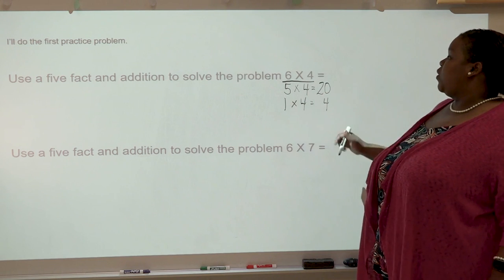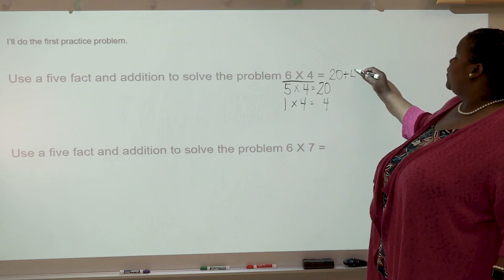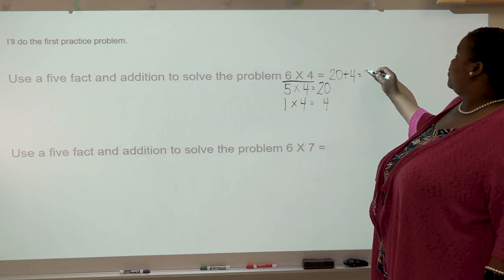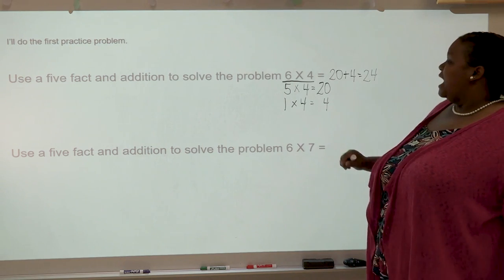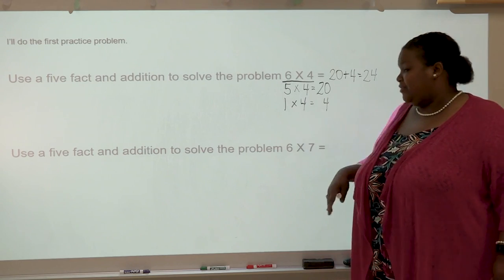So 6 times 4 is equal to 20 plus 4. 20 plus 4 equals 24. I use a 5 fact and addition to get that answer.